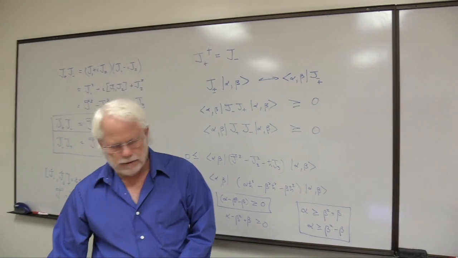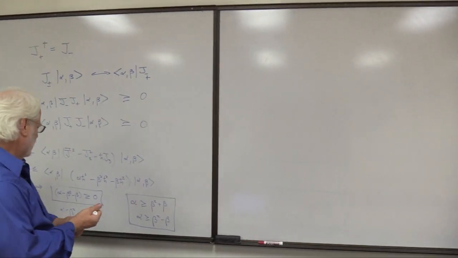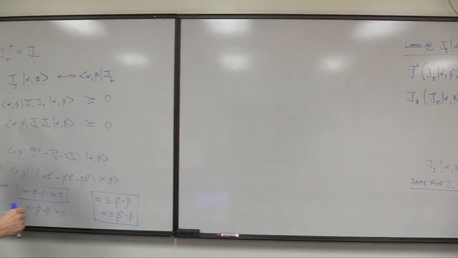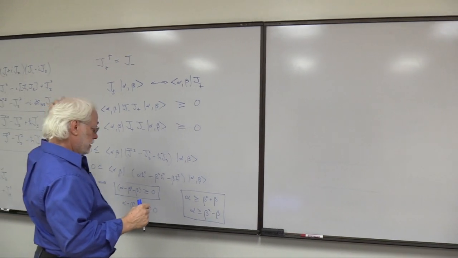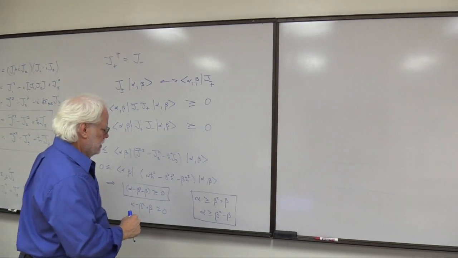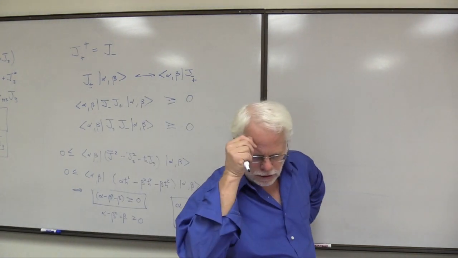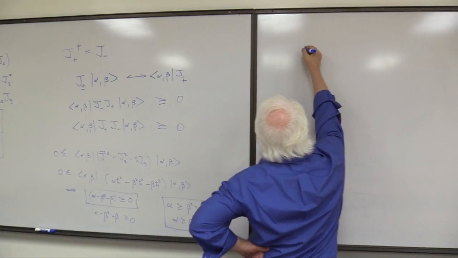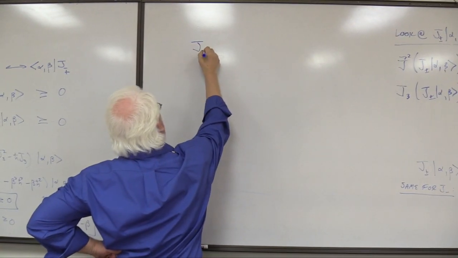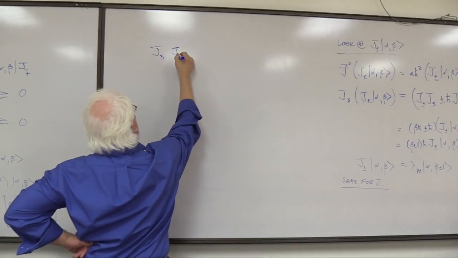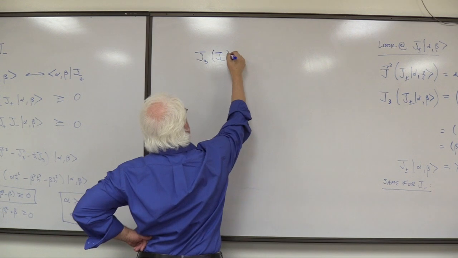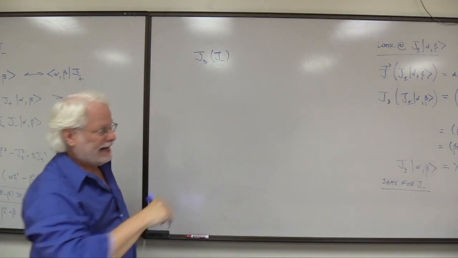What we do here is a lot like the harmonic oscillator. We're going to act with J minus a bunch of times. Suppose we look at the effect of J3 on J minus, but let J minus act K times.